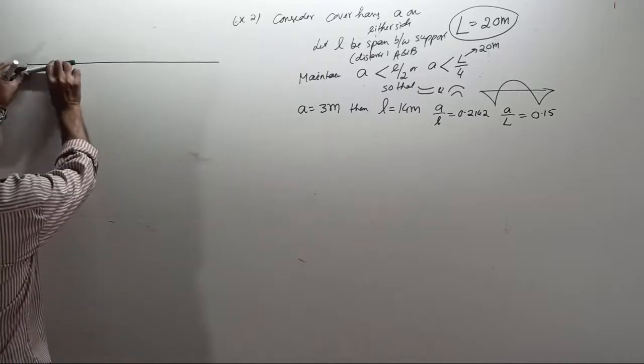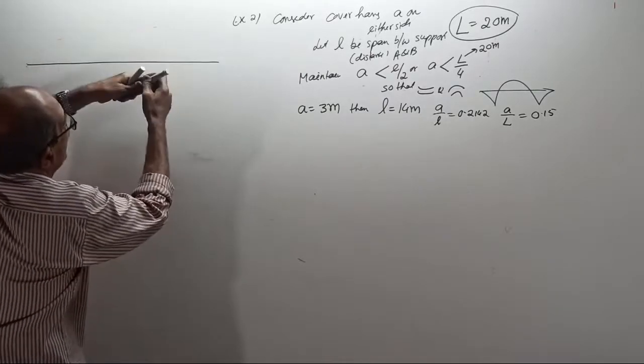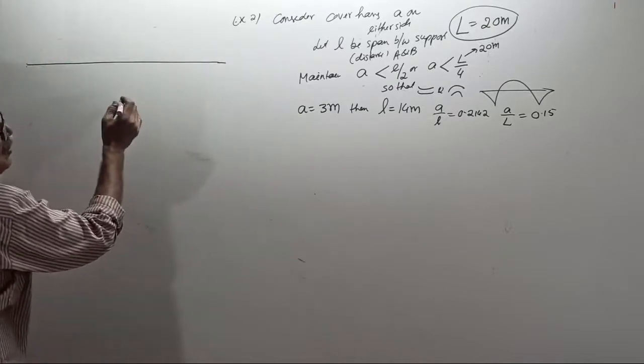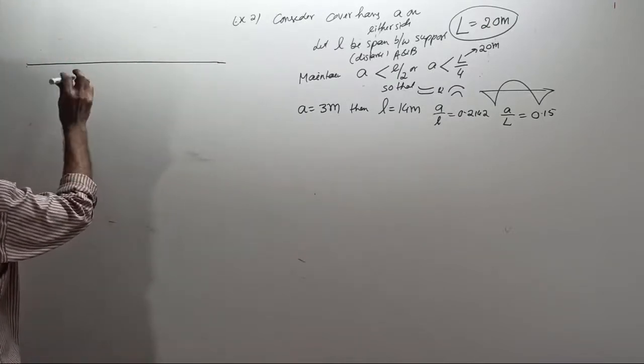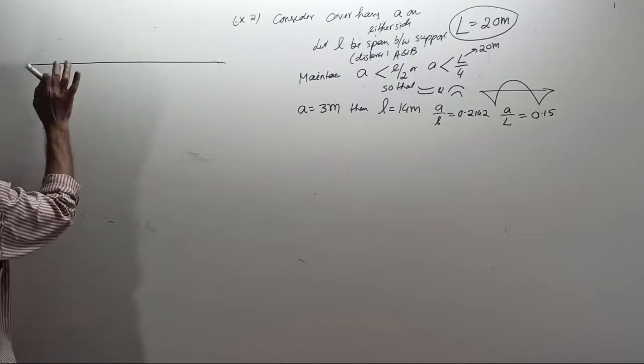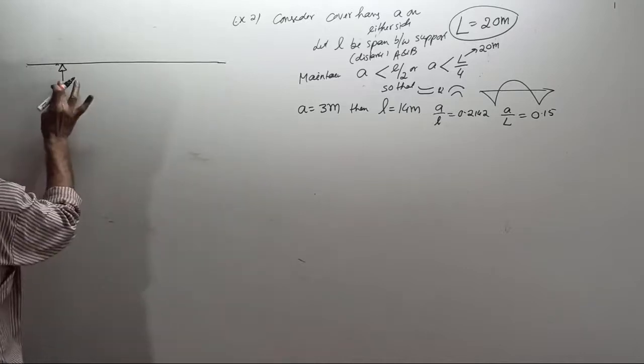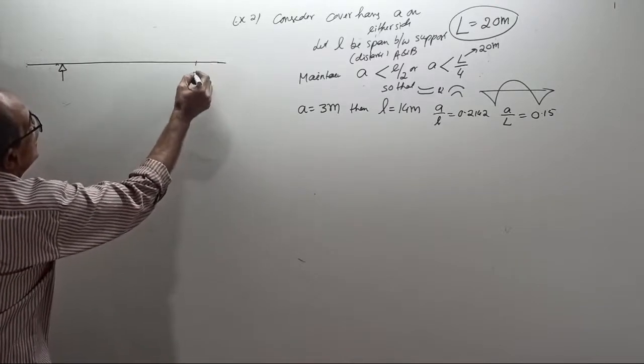1, 2, 3, 4, same scale. 3 meter here, 3 meter here. This will become 14 meter. I want to maintain scale.